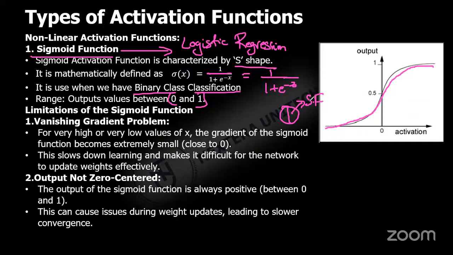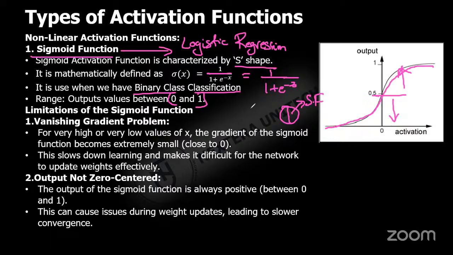Why? The output will be only between 0 and 1. So I'll keep a threshold. If the value is less than 0.5, give it as class 1. If the value is greater than 0.5, the output should be class 2. That is why the sigmoid function is used as the activation function in output layer neurons.